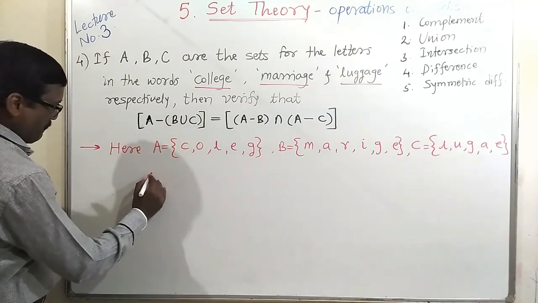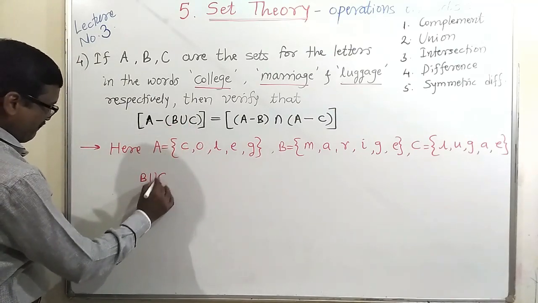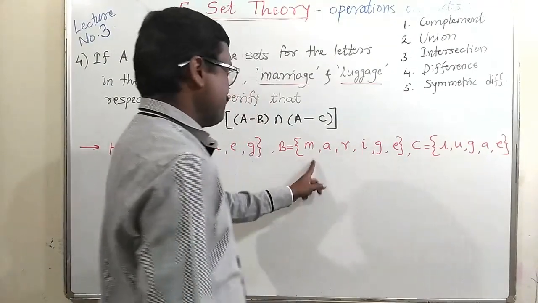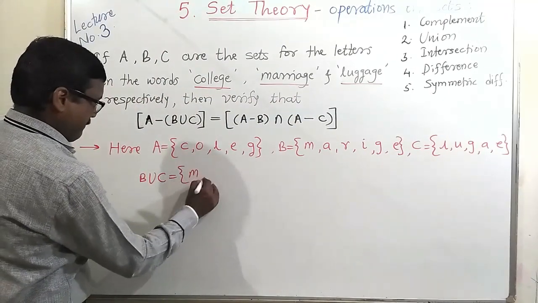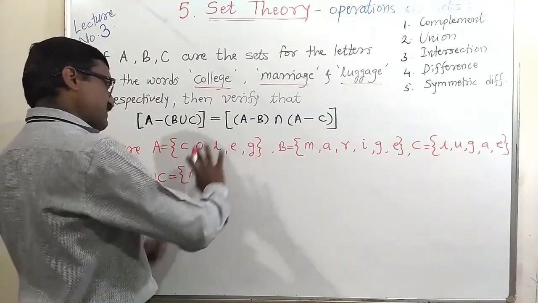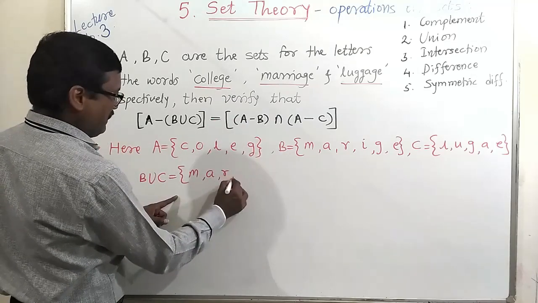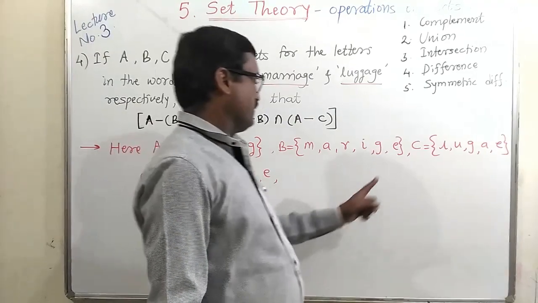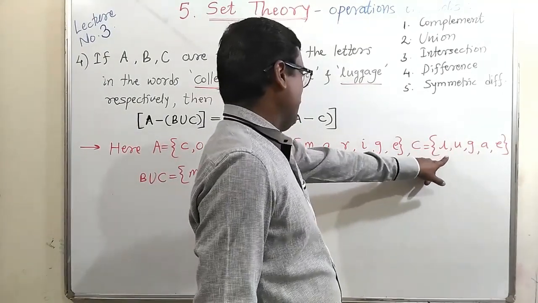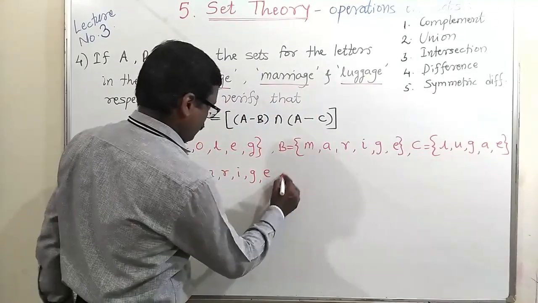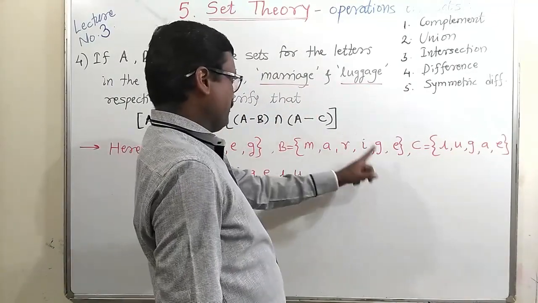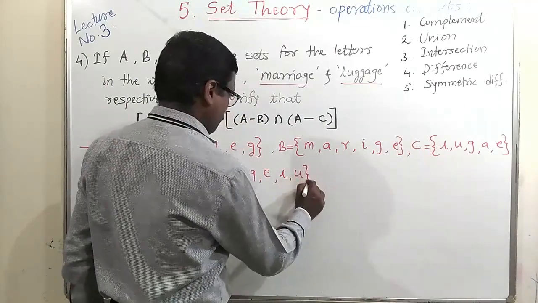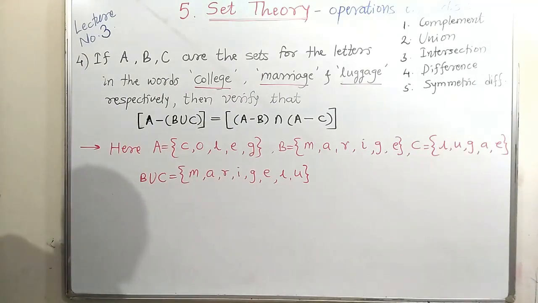So write B union C. B union C, it is M, A. First write all the elements of set B, that is M, A, R, I, G, E. Now write the remaining letters which are not in B but are in C: L, U. G is already here, A is already here, and E is also there. So we get this one. This is B union C.